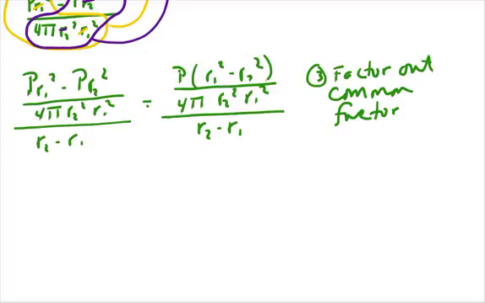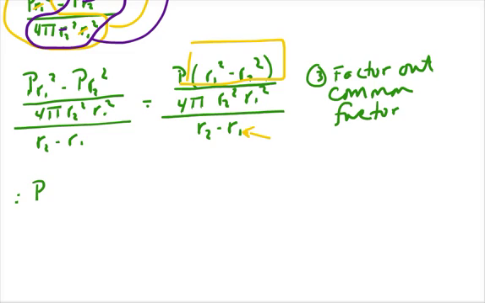What I would do next, I still see a mess on the top. I'm going to look at factoring this binomial, right? Because I see on the bottom there's an r2 minus an r1. There's got to be something that I can do up top in order to cause an elimination. And it doesn't matter what order you do it in, I should say. But I'm going to factor this binomial.